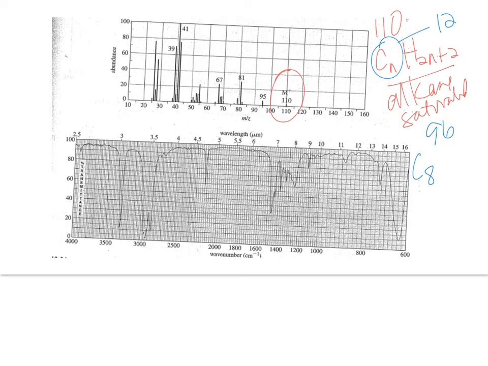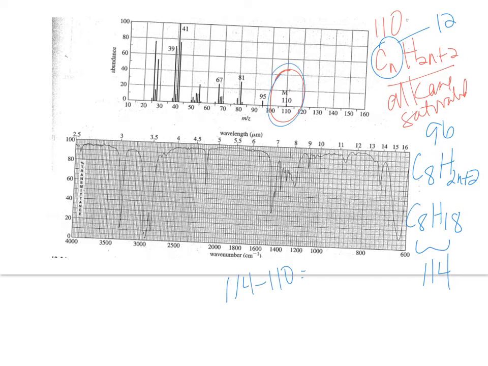And then what's 2n plus 2? That would be C8H18. So that would be the saturated. If you add that up, you're going to get about 114. But you have 110. So what's 114 minus 110? It's going to give you 4. That's 4 hydrogens. So for every 2 hydrogens you take away, that's 1 unit of unsaturation.